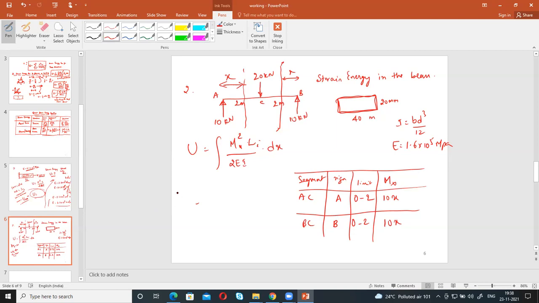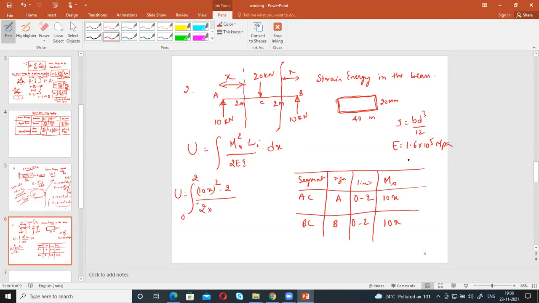So, U equals integral of first thing, 0 to 2, M square. So, 10x whole square into L, L is 2 meter for the first member, divided by 2 into E value. What is E value?